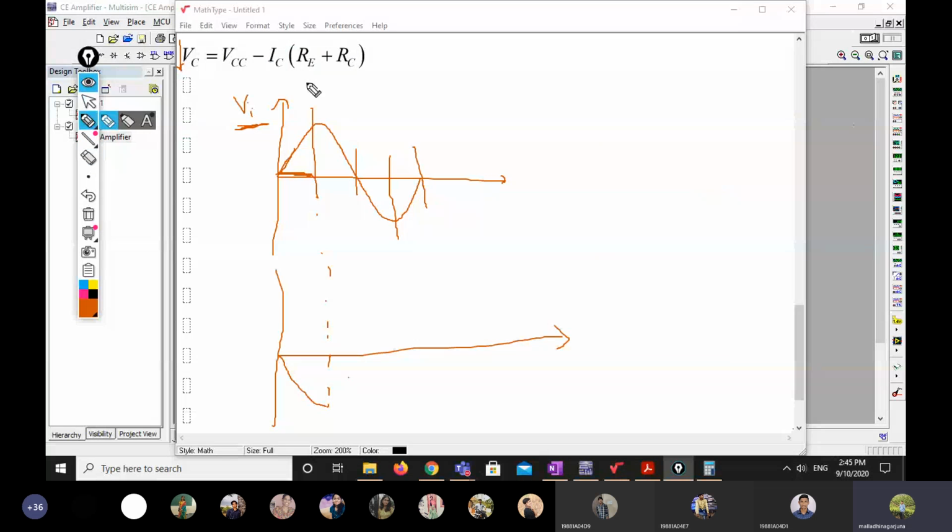So Vi decreases, IB decreases, IC also decreases. So this negative portion is decreasing. What about this? This will increase. So now it will come like this.